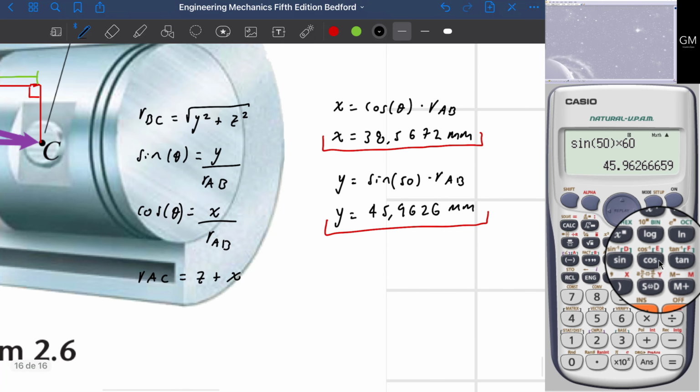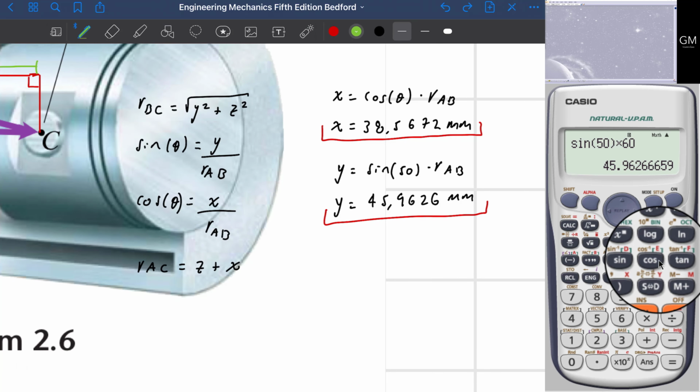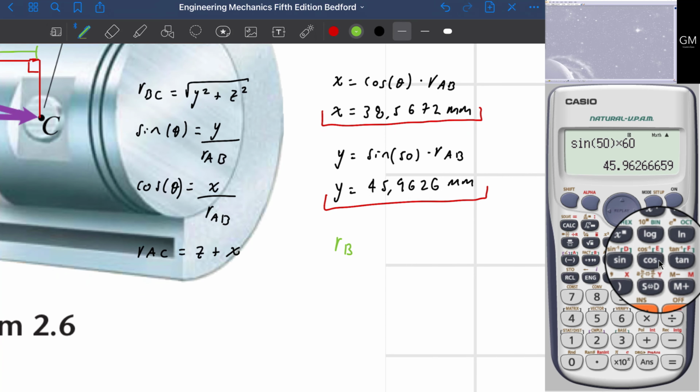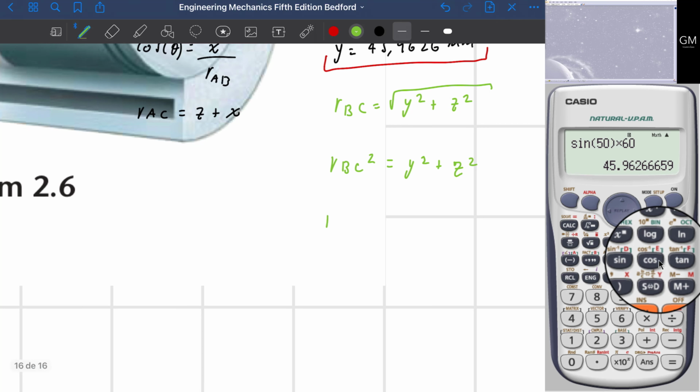With this equation, I'm going to solve this equation. So I'm going to use green for that. RBC is equal to y to the second power plus c to the second power. That means that RBC evaluated to the second power is equal to y plus c. That means that, okay, I'm looking for c. RBC minus y is equal to c to the second power.